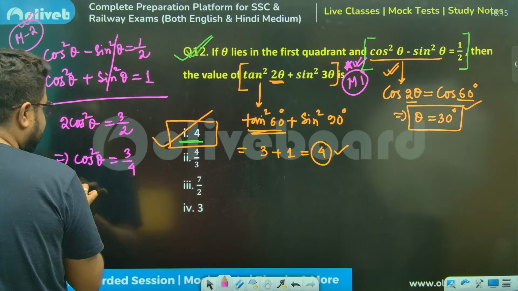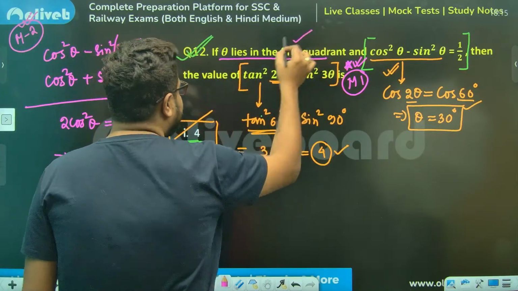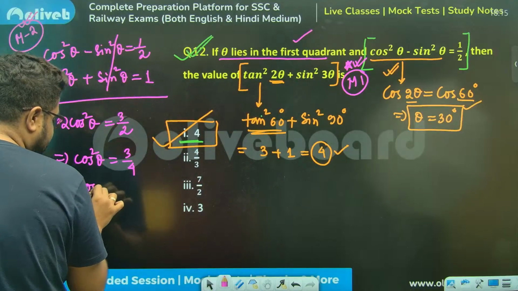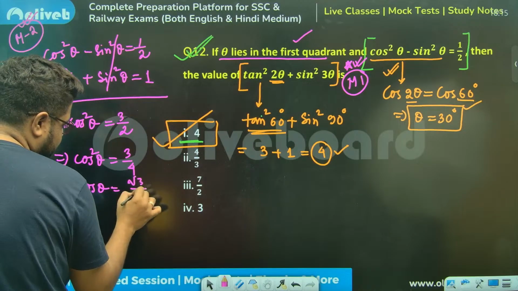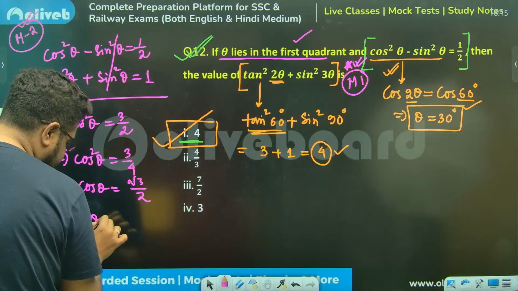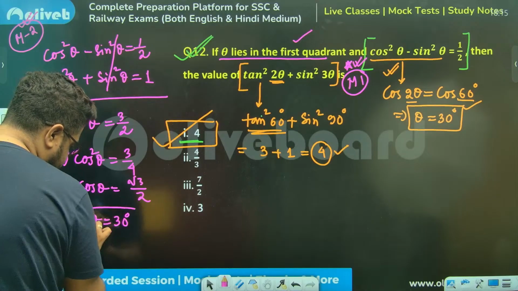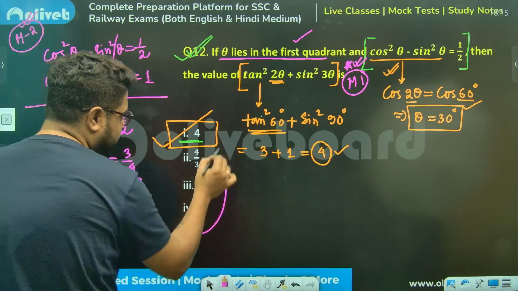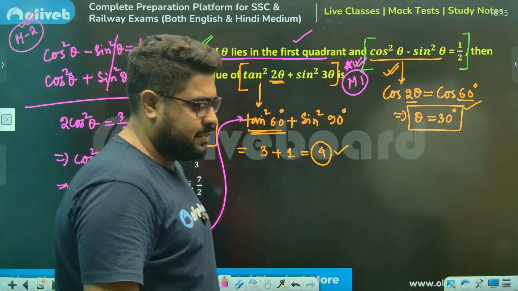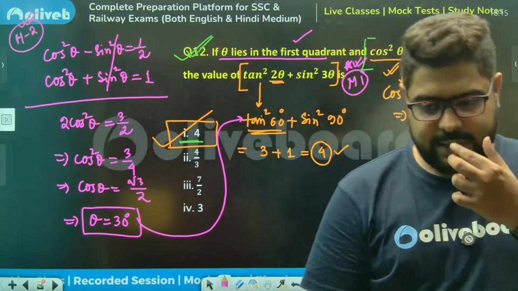As theta lies in the first quadrant, meaning positive only, cos theta is root 3 by 2, so theta is equal to 30 degrees. We can figure out the value of theta from here as well. Then the entire solution is the same.